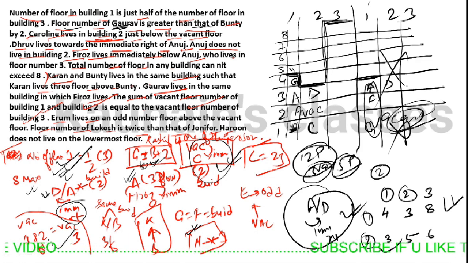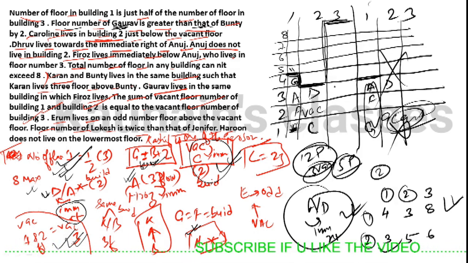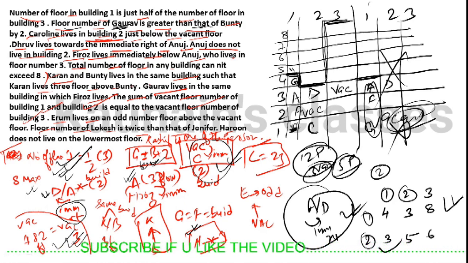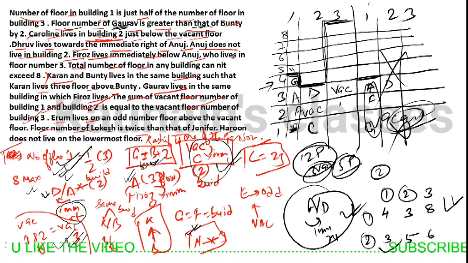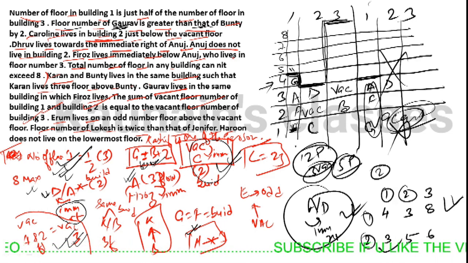We know that the vacant floor number of 1 and 2 is equal to the vacant floor number of 3. So the vacant floor in building 3 would be the third floor. So we are done, and we know that Gaurav's floor number is greater than Bunty by 2. So Bunty would be coming here in building number 3 in the second floor. Okay, we are done.